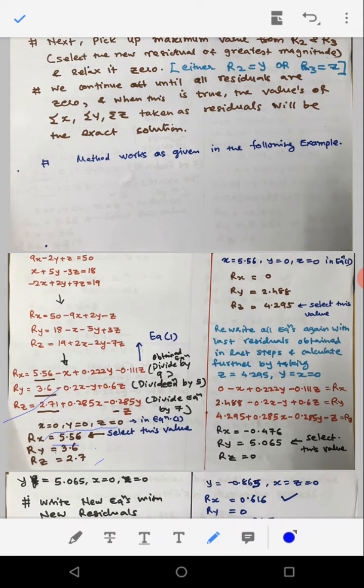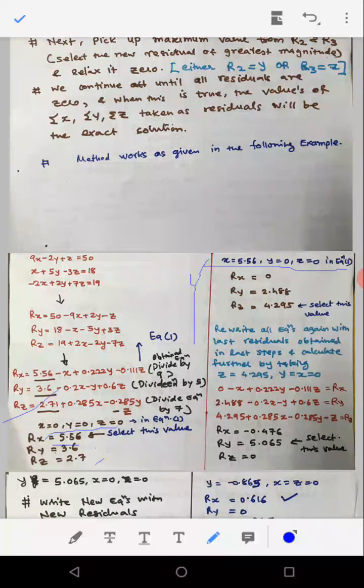So let's take that, the first value that we are picking up. Here you can see x equal to 5.56, y is equal to 0, z is equal to 0. Now we evaluate the equation by substituting this x, y, z value.